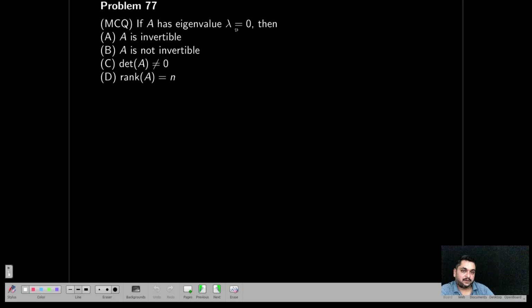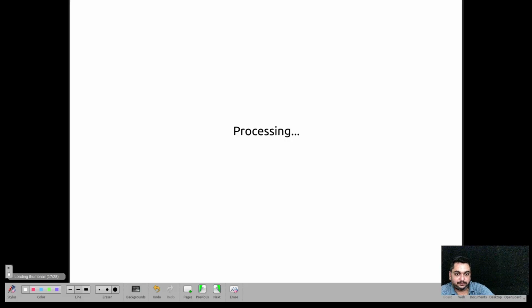If A has an eigenvalue lambda equal to 0, then A is not invertible because the determinant will become 0. Rank cannot be n, because if it is not an invertible square matrix, it cannot have rank n. If the determinant is not equal to 0, then I can say the rank is n, and it is invertible.